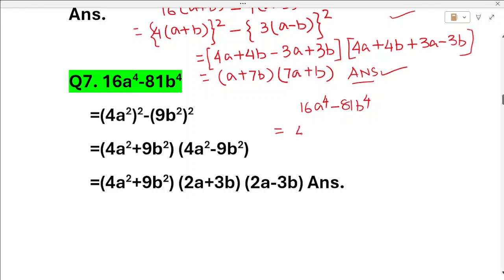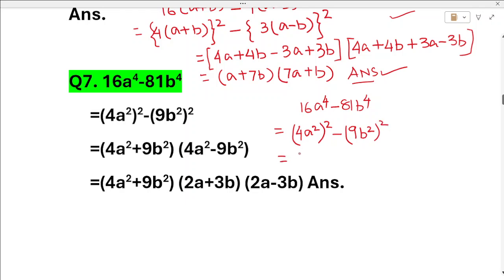So 16 is the square of 4, and you can express a to the power 4 as the square of a square. 81 can be expressed as the square of 9, and b to the power 4 can be expressed as the square of b square. So the term becomes this.